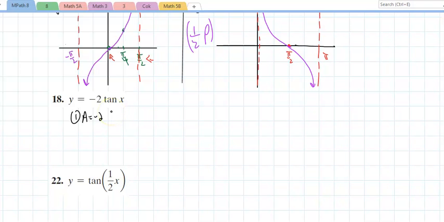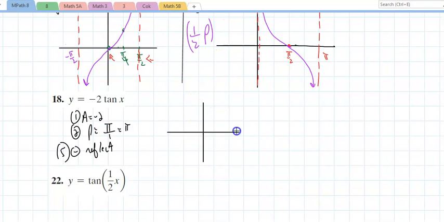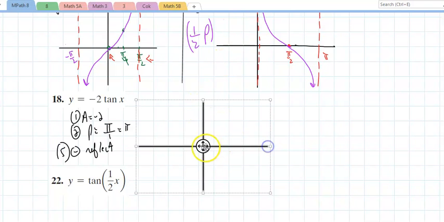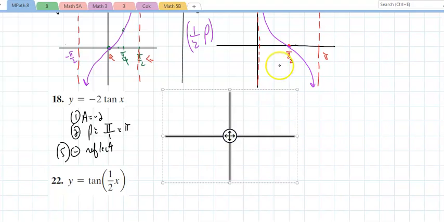Amplitude doesn't mean much for tan. I'll show you what it does. 2, period is pi divided by 1, so it's pi. And negative, we're going to reflect. That's number 5. So if I look at the graph, this is really how it works. Sine and cosine have 4 equal parts. Tan and cotan only consist of 2 equal parts.